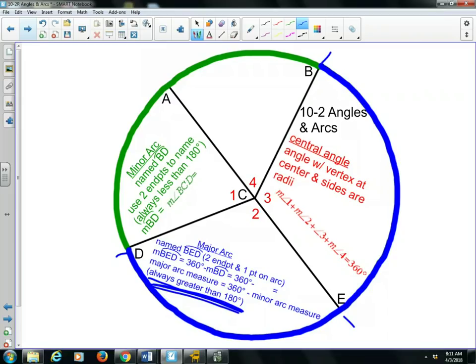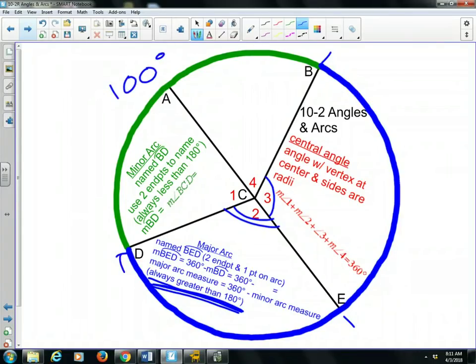We can find a major arc just the same way we did on a minor arc when we added up angle 1 plus angle 4. You could add up this angle plus this angle. Or if we wanted to, we could take 360 degrees minus the minor arc. Remember how arc BD was 100 degrees?